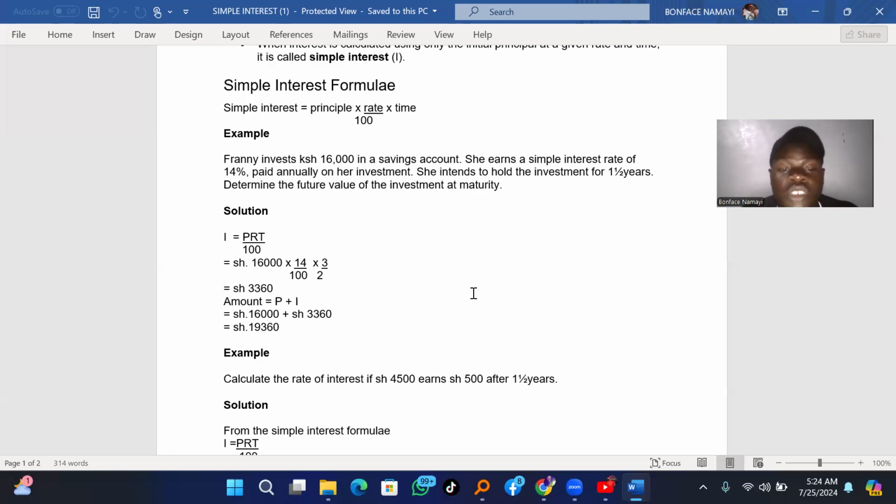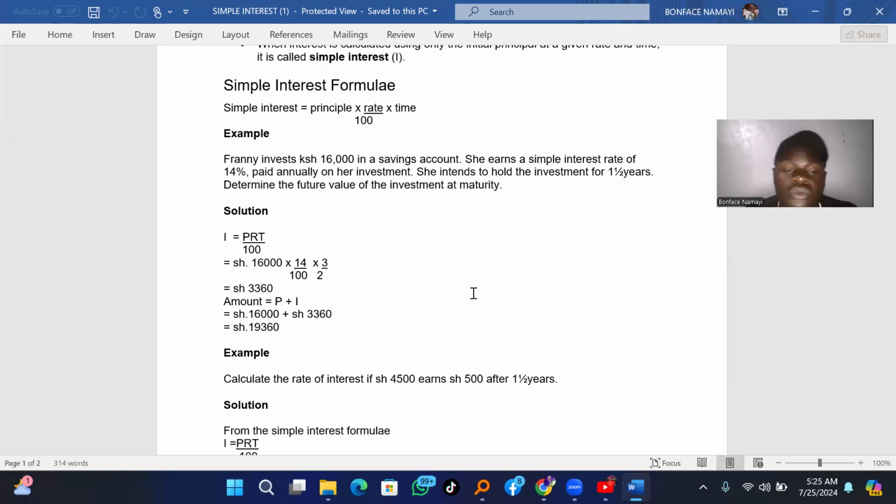The principal was 16,000, and according to our calculation the simple interest is 3,360. So we add 16,000 plus 3,360 to get an amount of shillings 19,360. This is the amount that Franny will have at the end of 1.5 years.